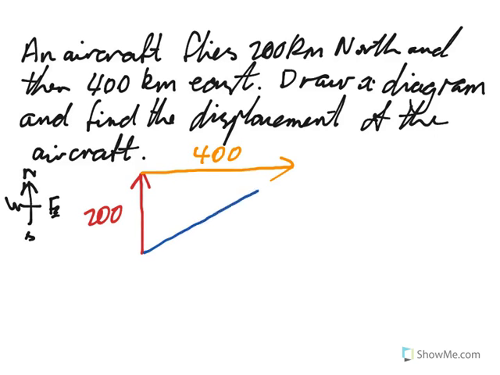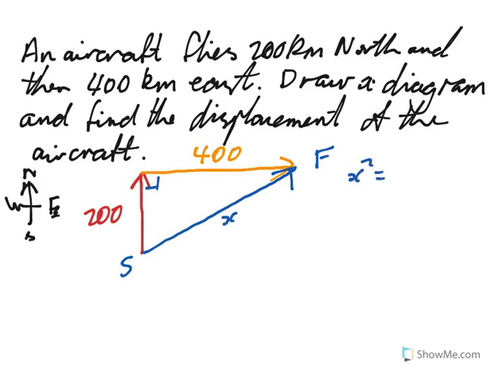So its displacement would be this vector there. Here's our starting point, here's our finish point. So what do we need? We need to know how long it is. That would be a right angle triangle, so our friend Pythagoras, let's call that x.